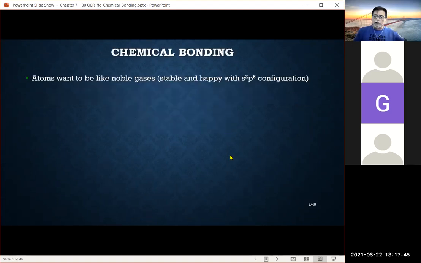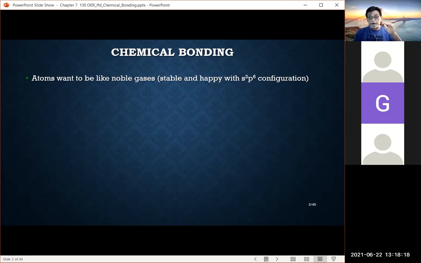Okay. Now, as I stated, atoms want to be like noble gases because that is a very stable state. Having the outermost shell full, having the electron configuration s2 p6 full, 8 valence electrons, be it on the second energy level, third, fourth, etc. Obviously, it's not the first, because the first energy level only has the s orbital.